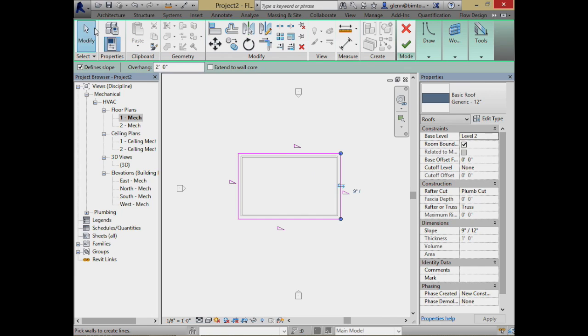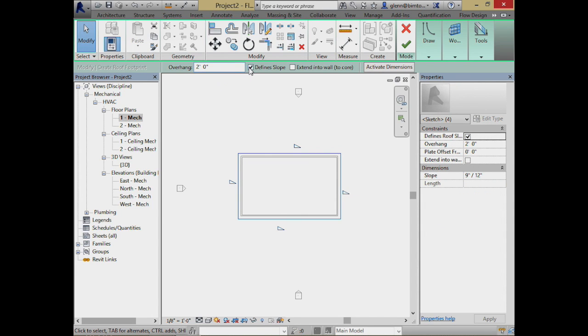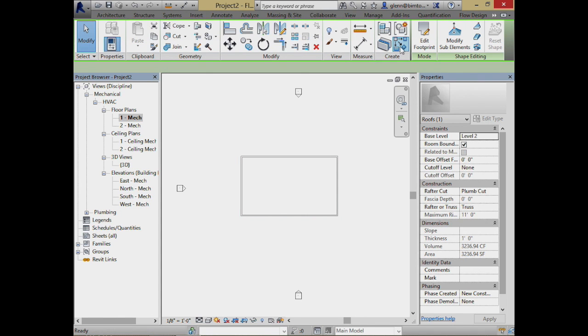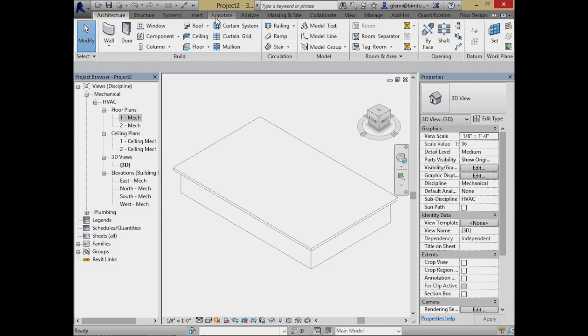Okay, I'm going to make it a flat roof right now just to make my life relatively simple. So I'm going to turn off that defined slope. Do that. So here we are. Simple little building.